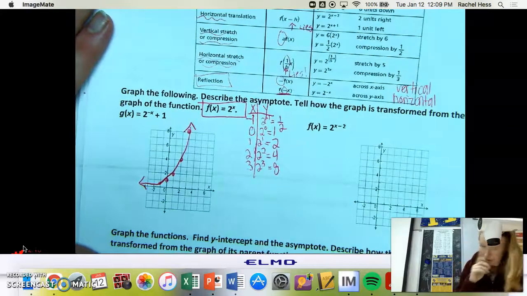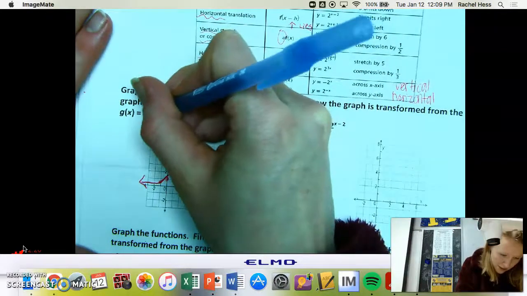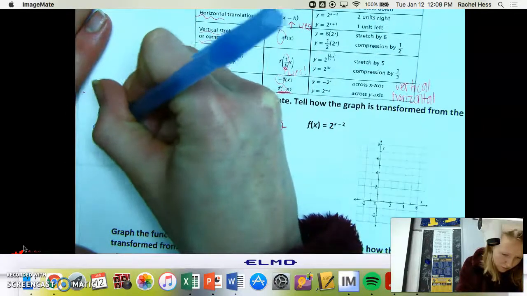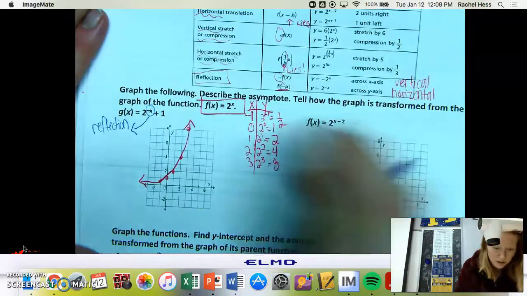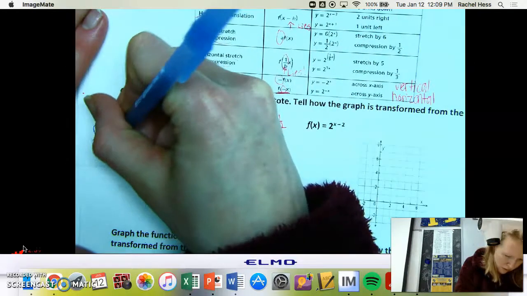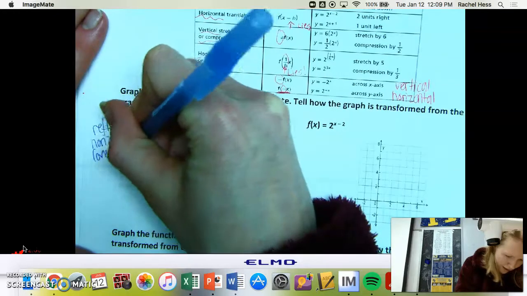So we actually have two different transformations going on. So this first one that I see here is a reflection. And since that reflection is with the x, that means it's horizontal. So over the y-axis.